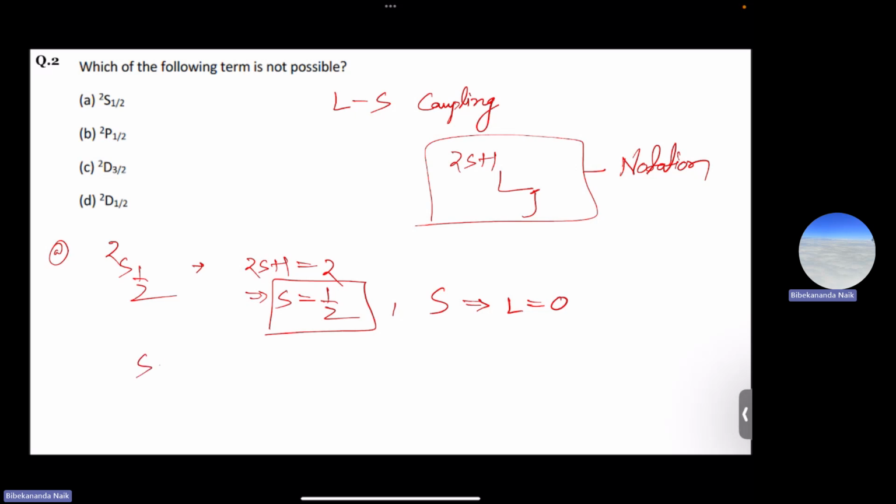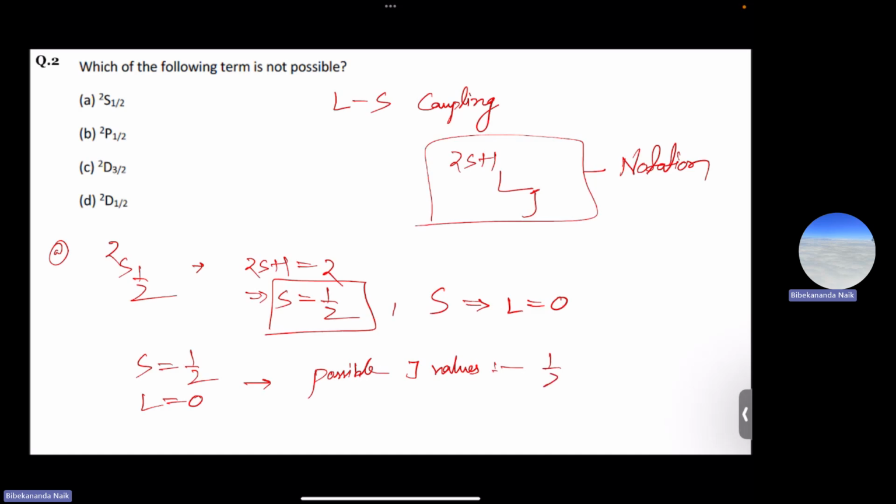So for S equal to half and L equal to 0, possible J values are half plus 0 and half minus 0. Both are the same, so J is only half. So this one is written correctly.